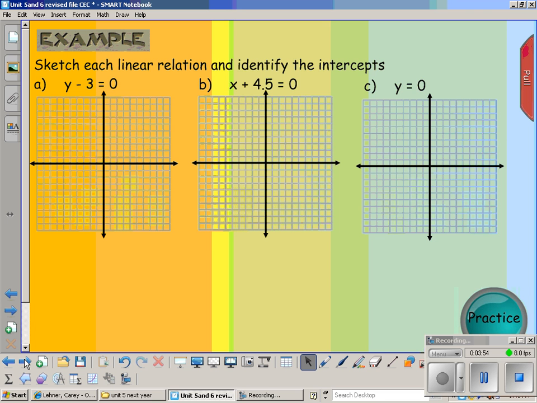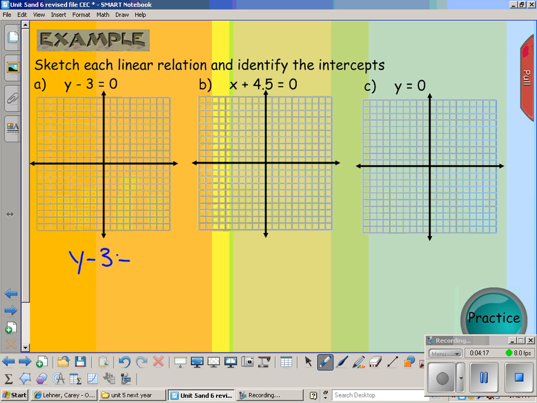Sketch each linear relation and identify the intercepts. So in this first one, y minus 3 equals 0. Now if you think back to the fact of what kind of line do you have when you only have a y variable. Hopefully you remember that that means it is a horizontal line.